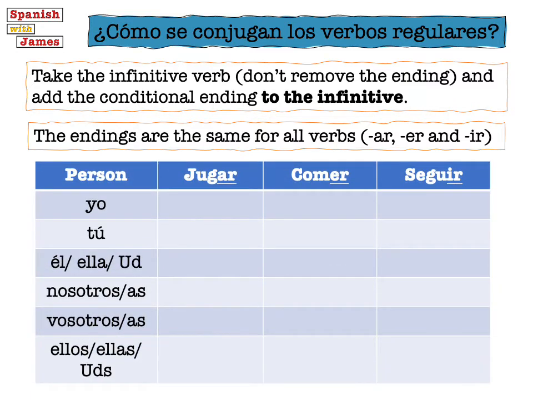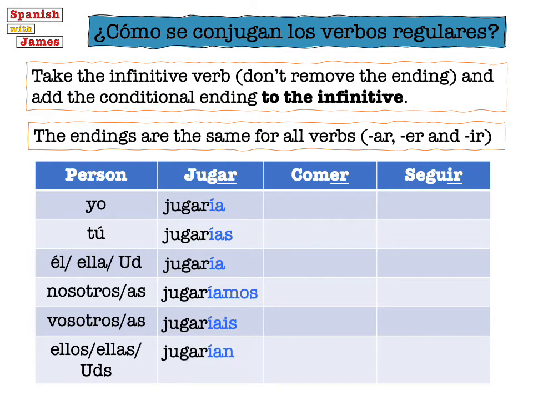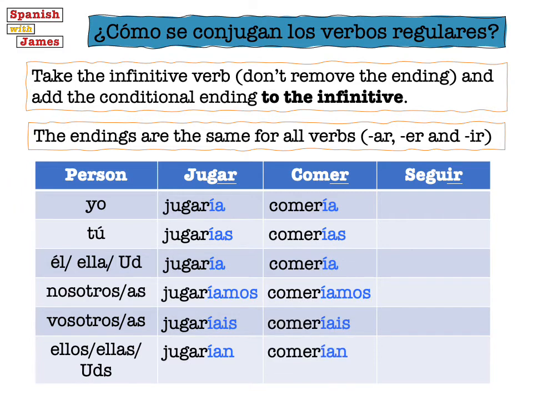So here we're going to have a look at those endings. So we've got jugar, to play, representing our AR verbs, comer, which is to eat, representing the ERs, and seguir, to follow or to continue doing something, which is representing the IR verbs. So our endings are ía, ías, ía, íamos, íais, ían. And they're the same endings that we use with the imperfect tense, with ER and IR verbs.